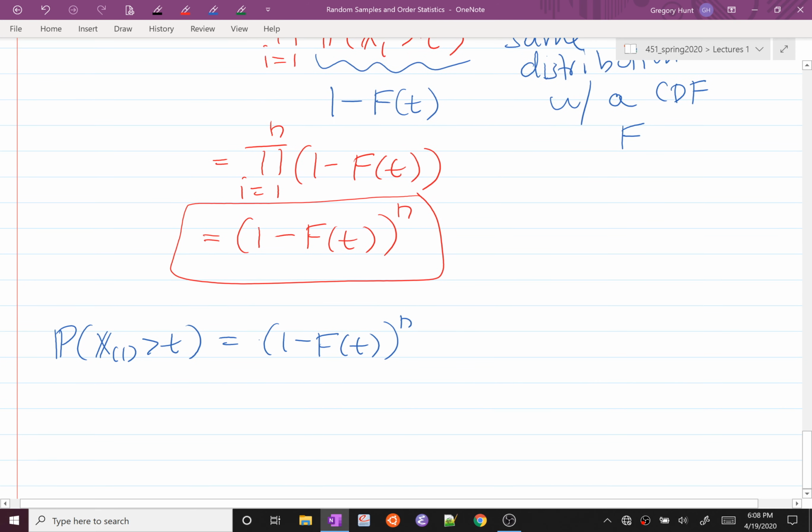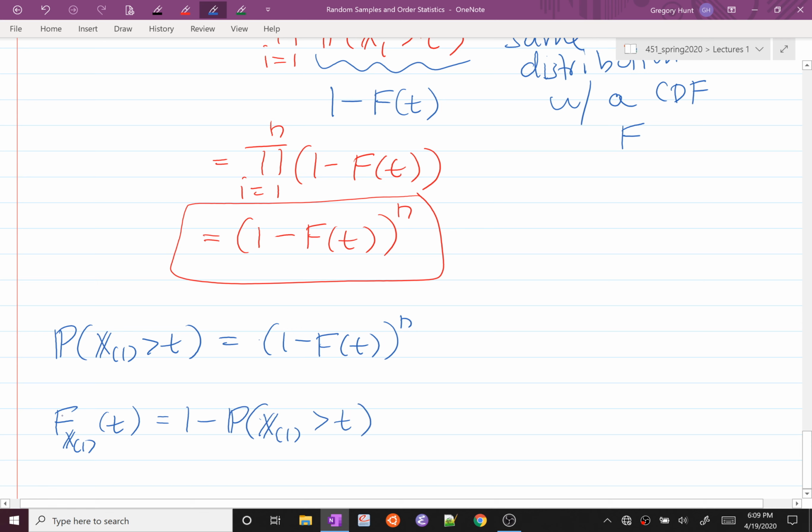Okay. So how does that help us get the distribution of the minimum, its PDF or PMF? The minimum is a univariate random variable, and so it has a CDF. The CDF of the minimum, let's write it like this, F sub x of 1 at t, is 1 minus the probability that x of 1 is bigger than t.